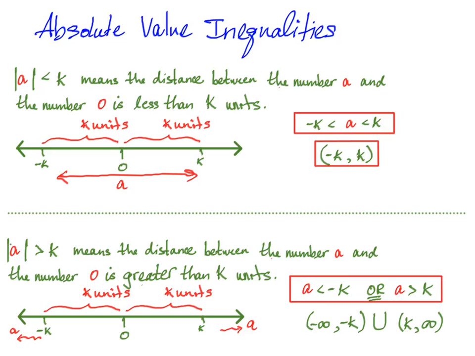The solutions to the inequality, absolute value of A is greater than K, are all the numbers in that first interval along with all of the numbers in that second interval. We take those two intervals and join them together, and we call that a union. That's all the solutions.